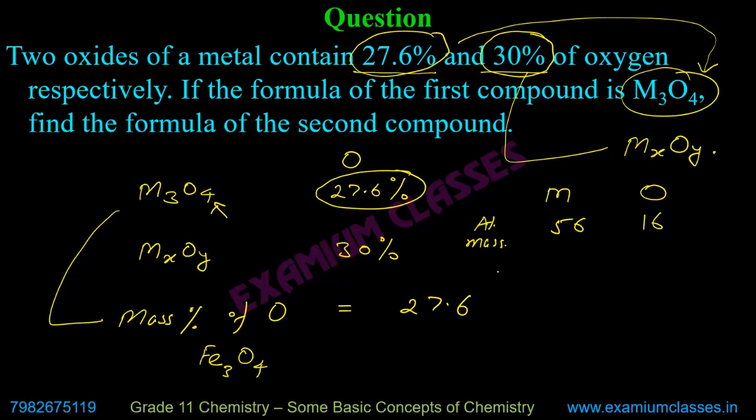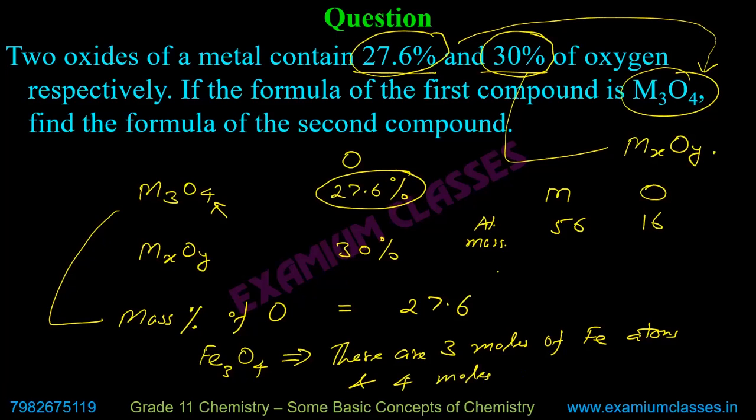So M3O4 is Fe3O4. This is actually the ratio of their moles. It means there are 3 moles of Fe atoms and 4 moles of oxygen atoms.